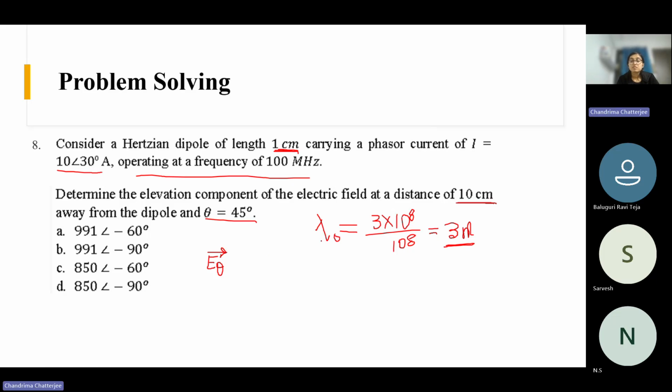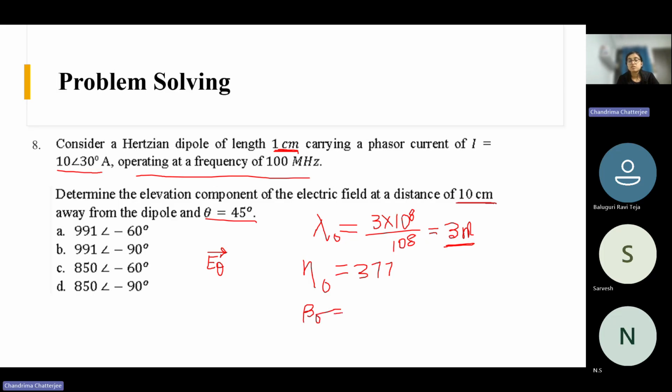Okay. So the same procedure we can follow. Lambda naught and eta naught will be same because this is a constant. This is 377, and then we have beta naught.